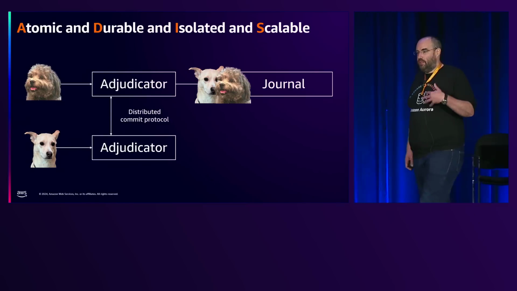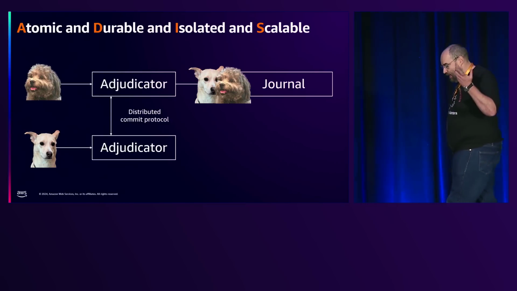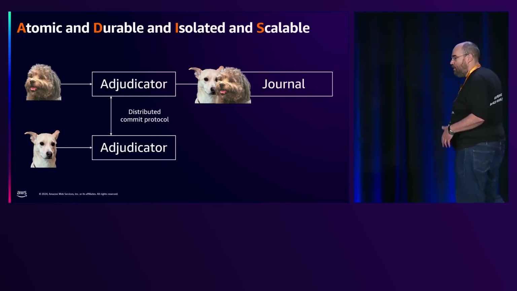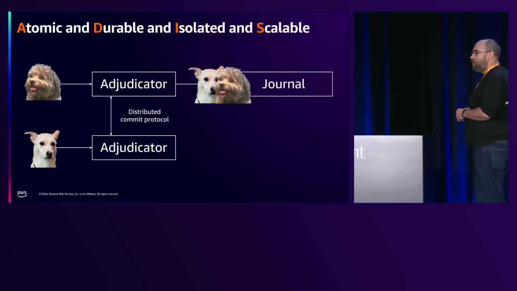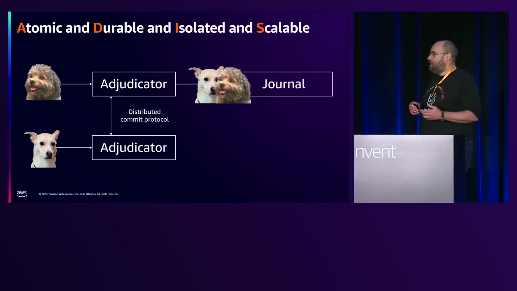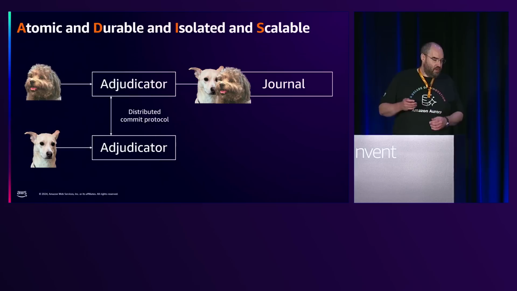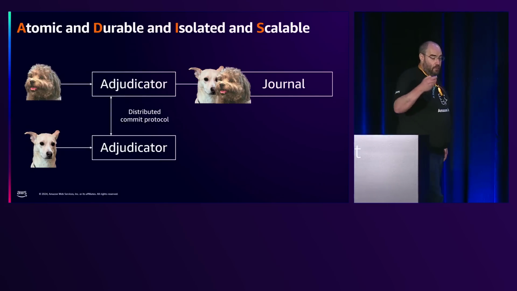In our architecture, that distributed commit protocol is a variant of two-phase commit with some really good ideas from decades of database research to further parallelize and make that two-phase commit variant much more fault tolerant. And so now we've completed this transaction.